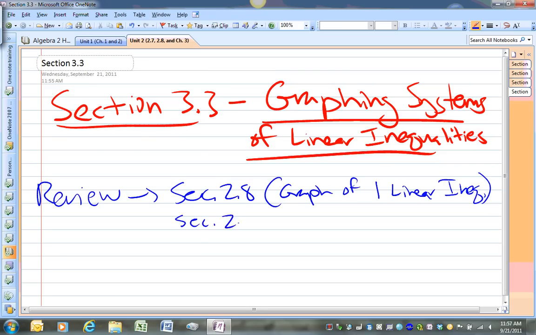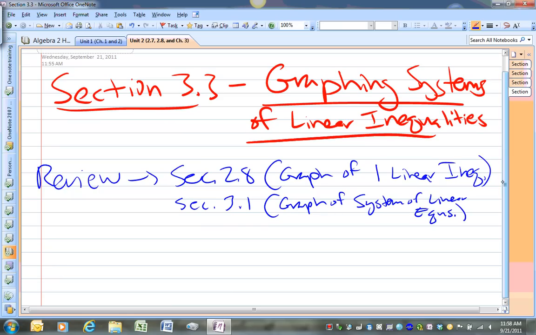In section 3.1, we did a graph of a system of linear equations. Actually, I meant to say 3.1, sorry about that. So we've done a system of graphs, and we've done linear inequality as one. Now we're going to bring the two together, so you can see how things build upon themselves.